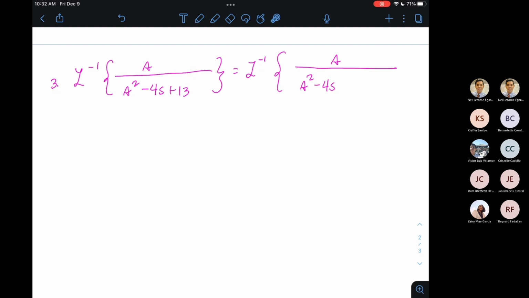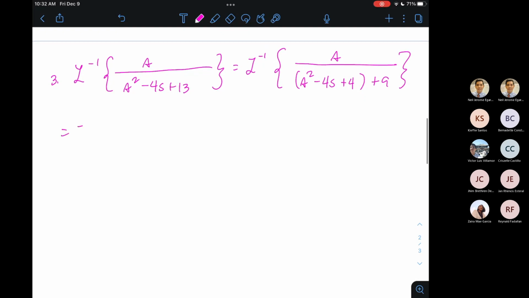So we should have a plus 4 para kompleto yung square, right? Yung group ko yan. Pero dahil plus 13 ito originally, meron pang kulang na plus 9, to maintain equality. And then write it in factored form. We're gonna have inverse Laplace transform of s over s minus 2 quantity squared plus 9.